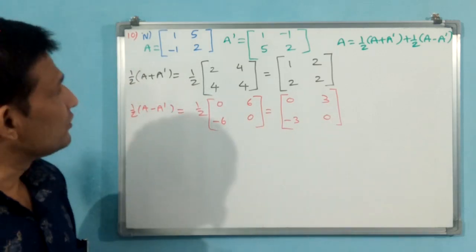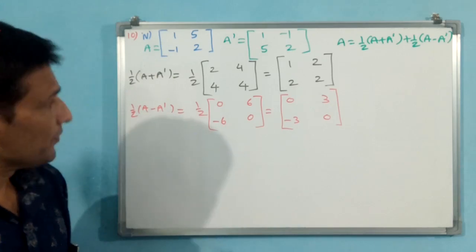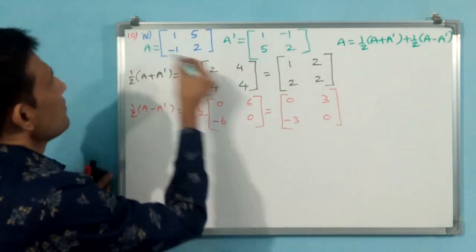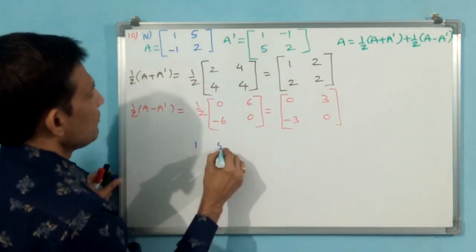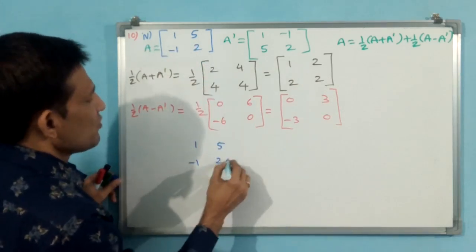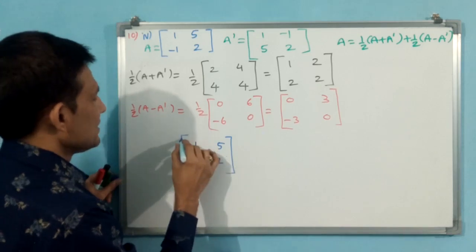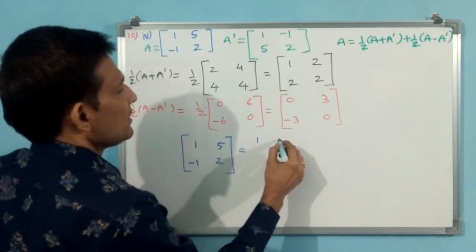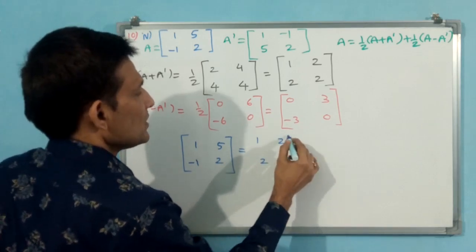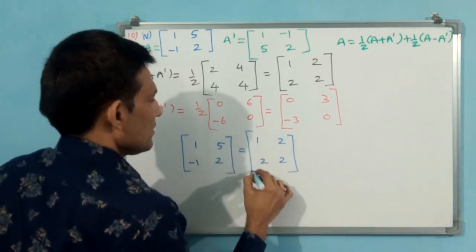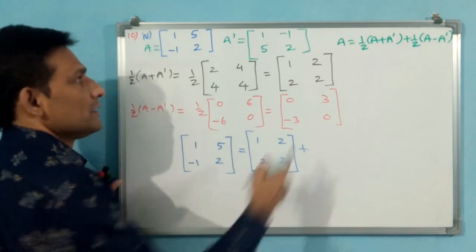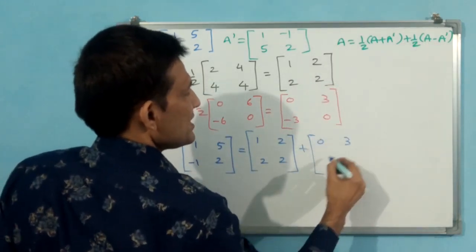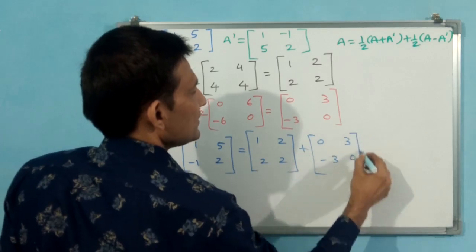Now what you can do, you have to write A in this form. Let us write A is what? This one: 1, 5, minus 1, 2, that is equal to this one, 1, 2, 2, 2, plus this one, 0, 3, minus 3, 0.